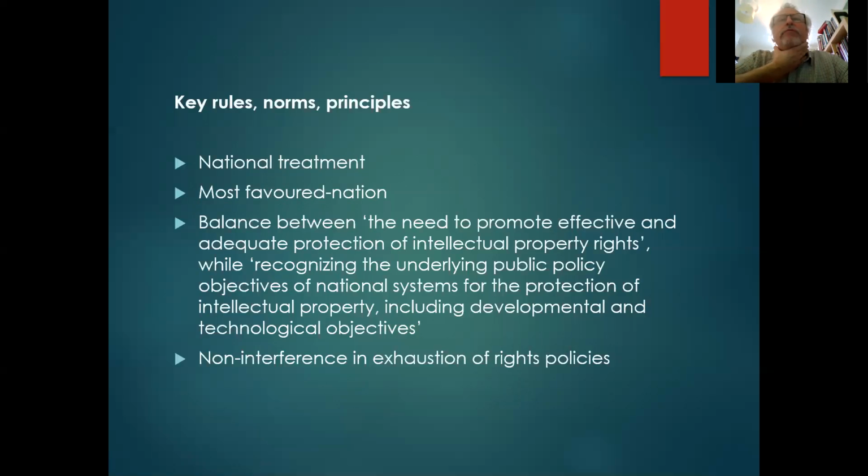This is something I've already talked about basically in relation to TRIPS. Just one thing to add is that Article 6 is quite relevant, not just to patents, but to IP generally: exhaustion of rights shall not be a matter for a trade dispute.